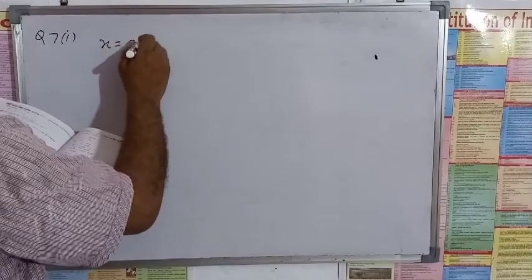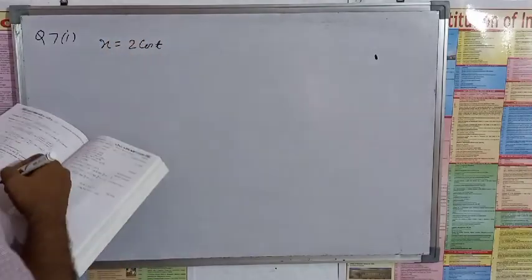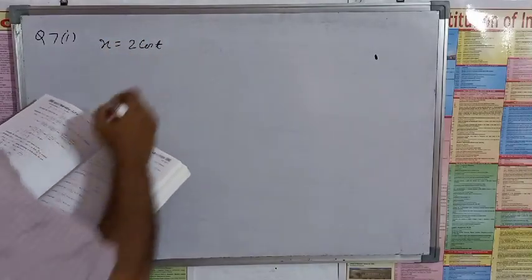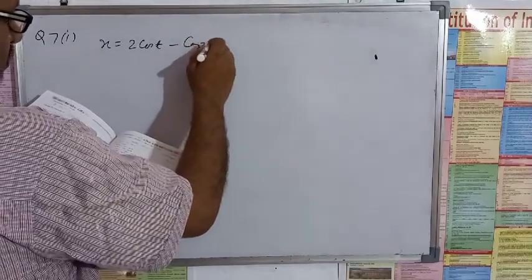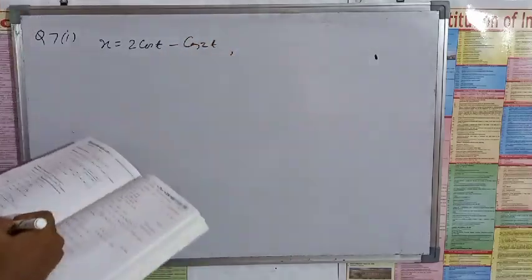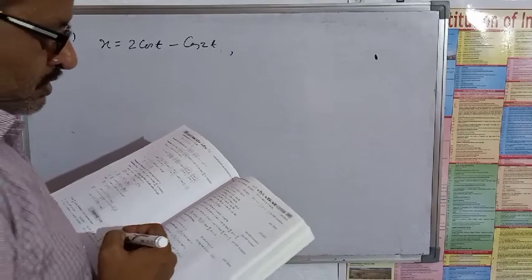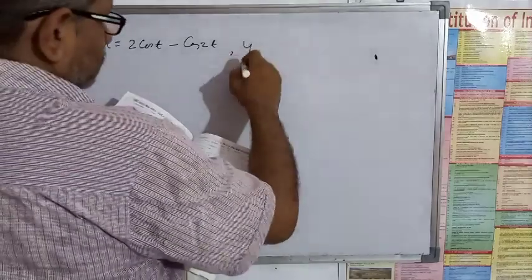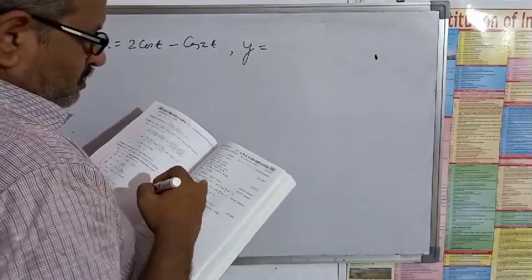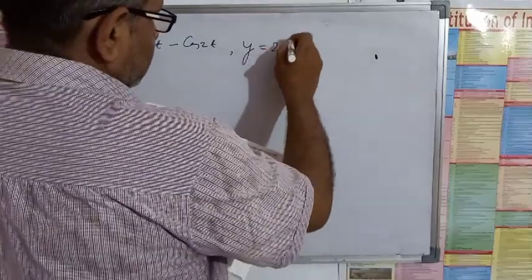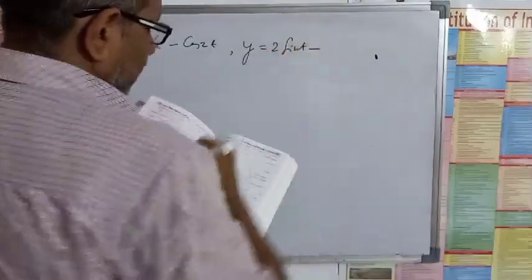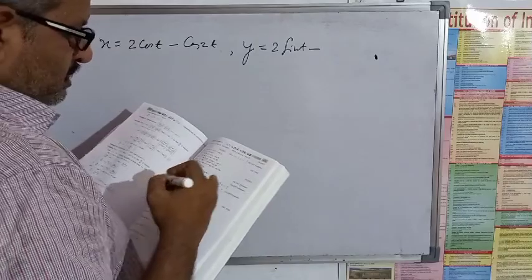Question number 7 first part. x is equal to 2 cos t minus cos 2t, and y is equal to 2 sin t minus sin 2t.